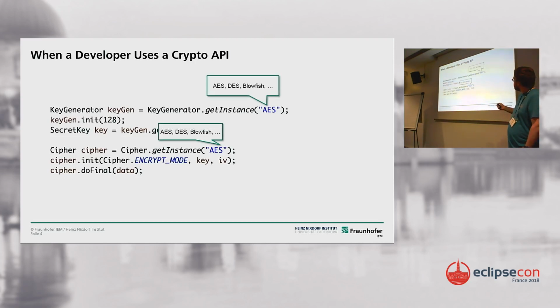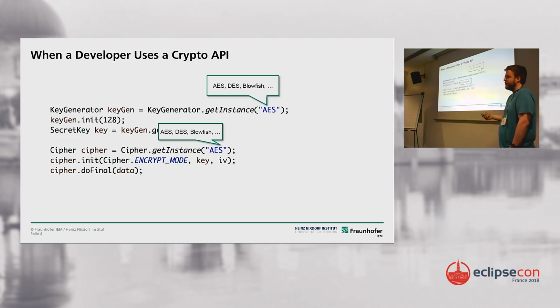For instance, these string parameters here receive the algorithm that should be used for encryption. Now you have to know which algorithms are supported to be able to pass the correct one to the call here. And on top of that, some of these supported algorithms that you see here in this bubble are actually insecure, like DES should never be used, but it is still supported by the API.